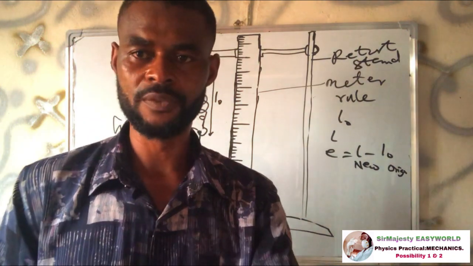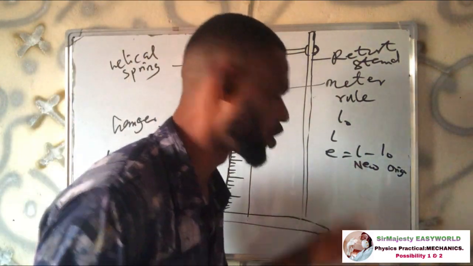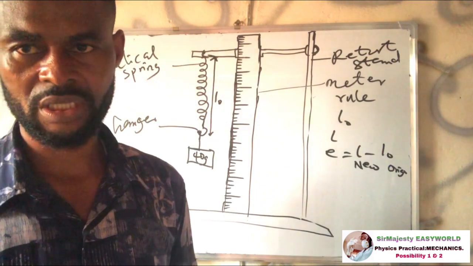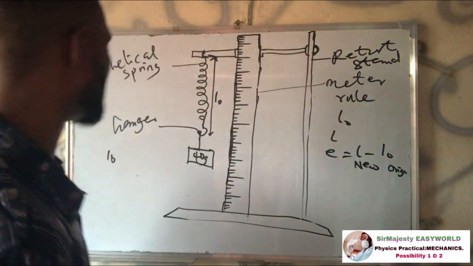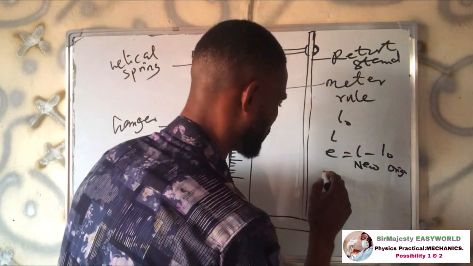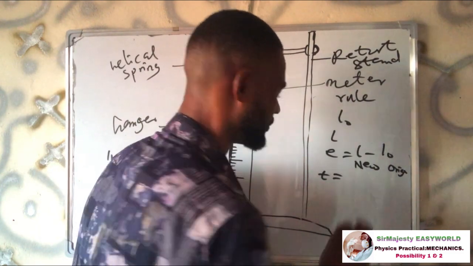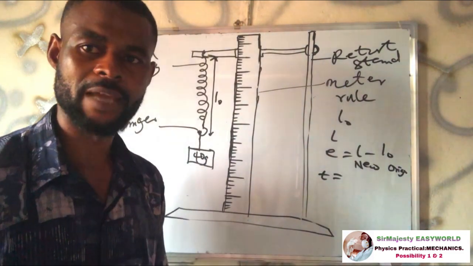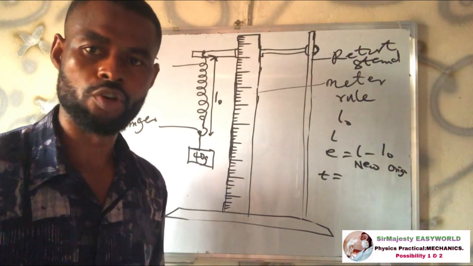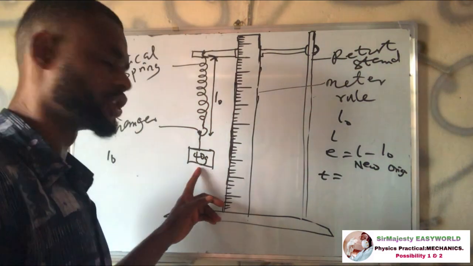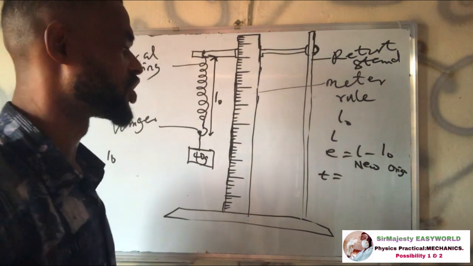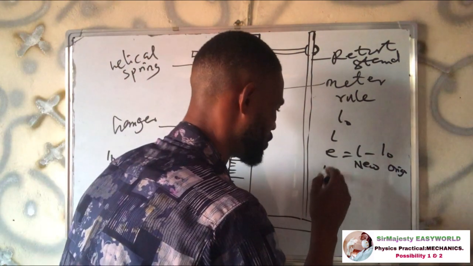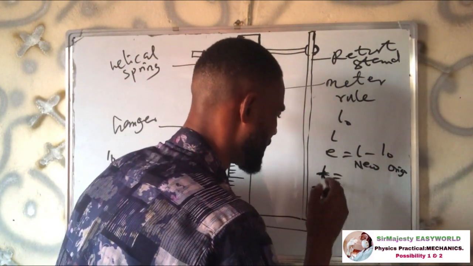Once it is 20, you read and record the value of your stopwatch and determine the time t. That is where you determine your time t. Remember that the time you record on your stopwatch at 20 oscillations is the small t. I have the capital T and the small t.